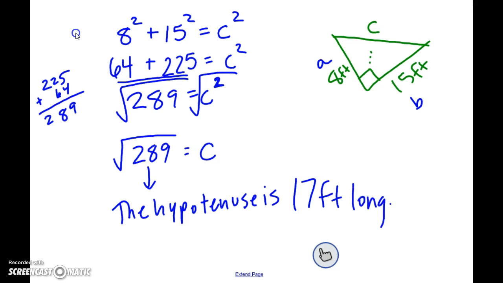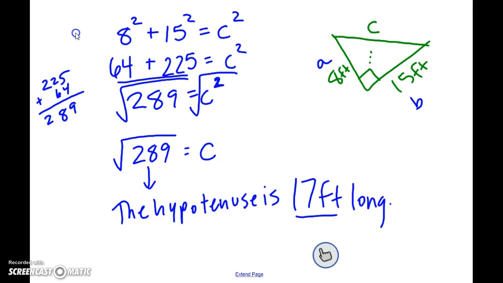And that's reasonable because 17 is larger than both 8 and 15. Okay, so if I'm missing a side length, I can simply substitute it in. If I'm missing the hypotenuse, I get a squared plus b squared equals c squared. If I'm missing the leg, I need to make sure to put it in appropriately.